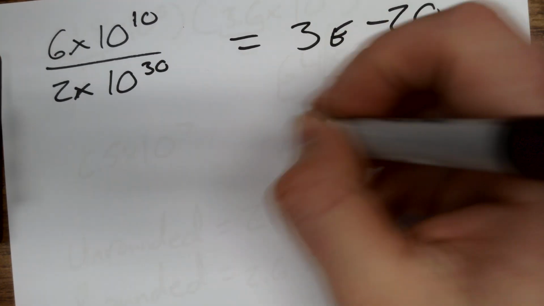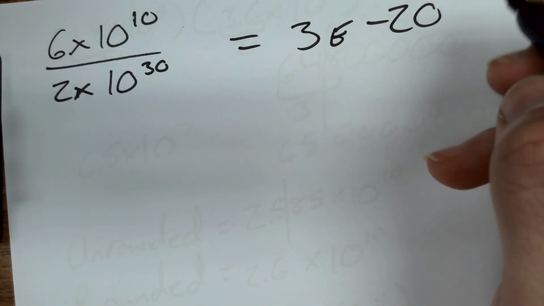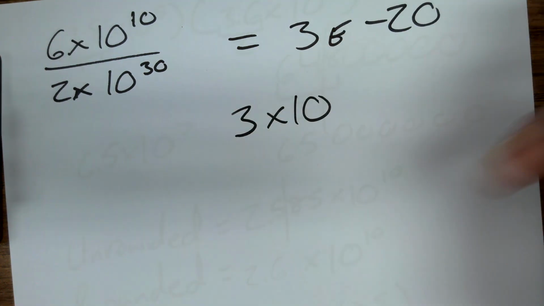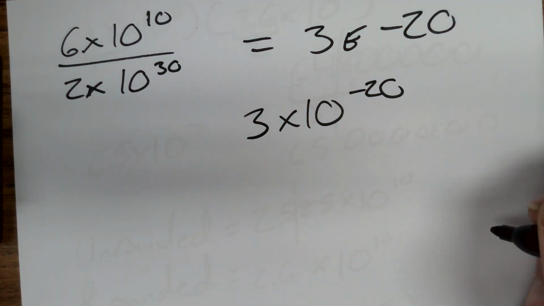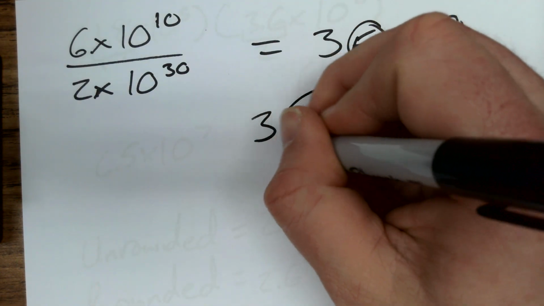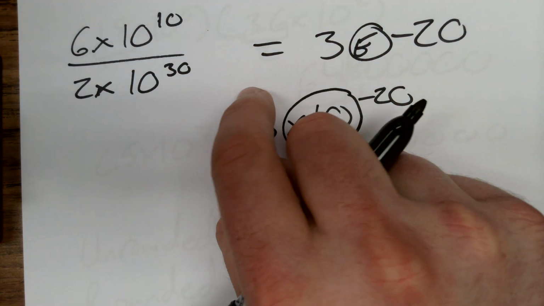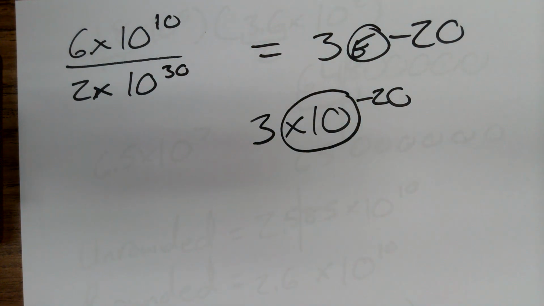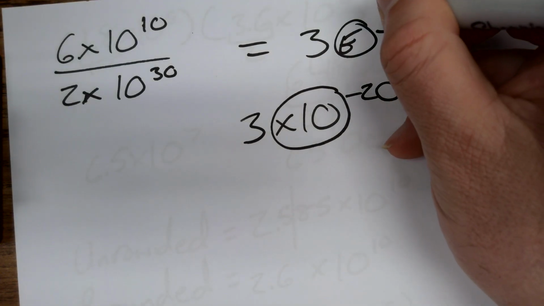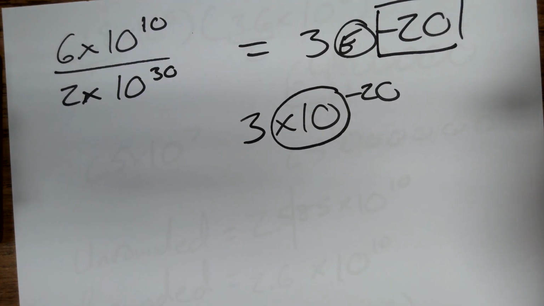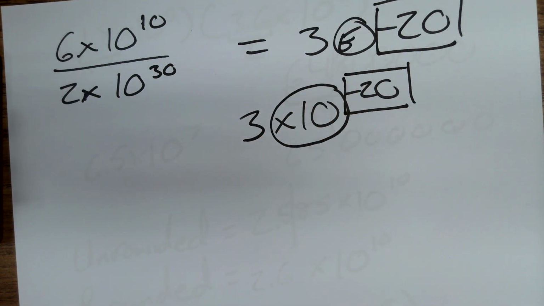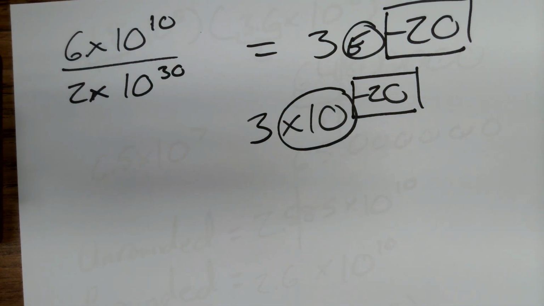So when I write this out, it's 3 times 10 to the negative 20. The E represents the times 10. You don't have to put the multiplication symbol in there. The calculator knows that E means this, and whatever number comes after the E is the power of 10. Be careful.